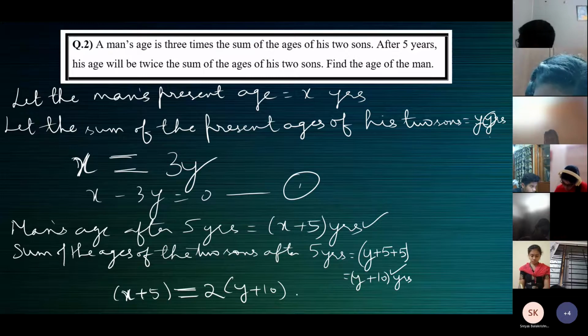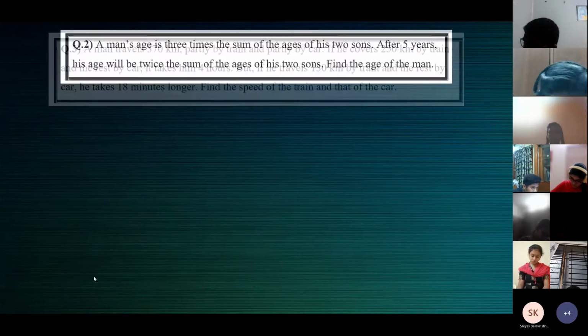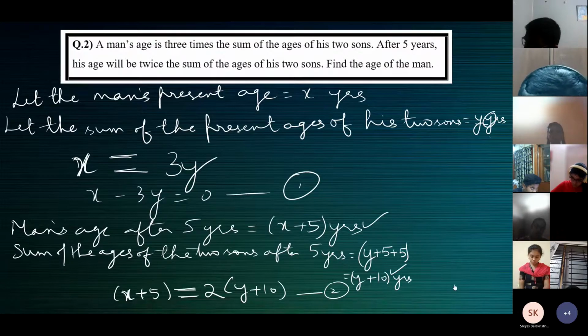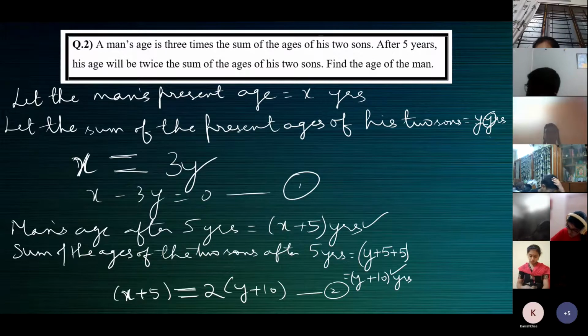Yes, children, solve the 2 equations. It's enough if you find x. You don't have to find y because it's not asked. You need to only find x, the man's age. Ma'am, the man's age is 45.